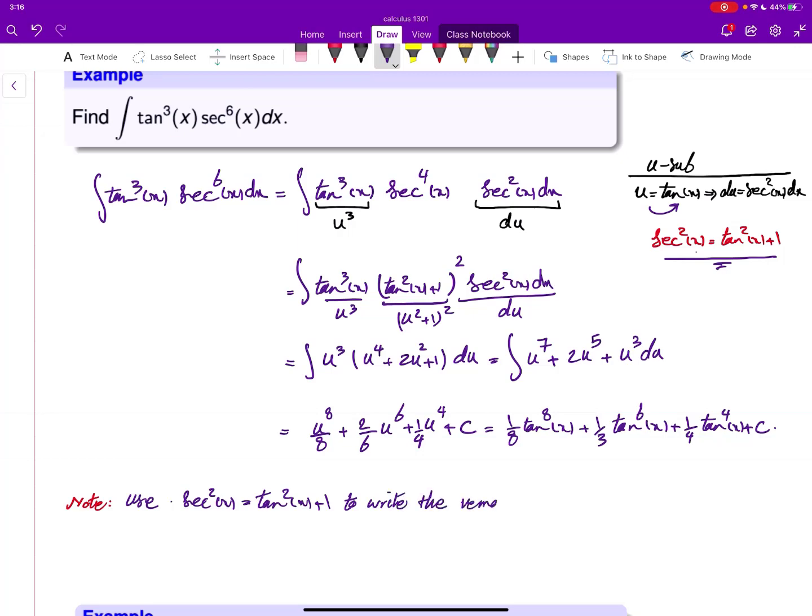We take out 2 powers of secant. The remaining power is still even. We can turn these in terms of tan x. Okay, so that way we are done, and this example gives us the last tool that we wanted to have. Okay, very nice.